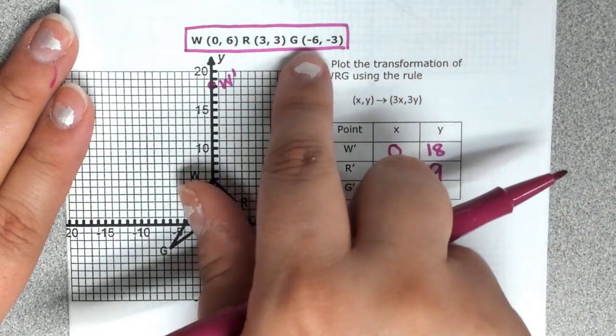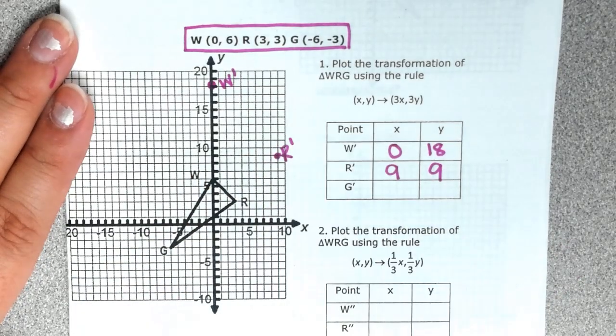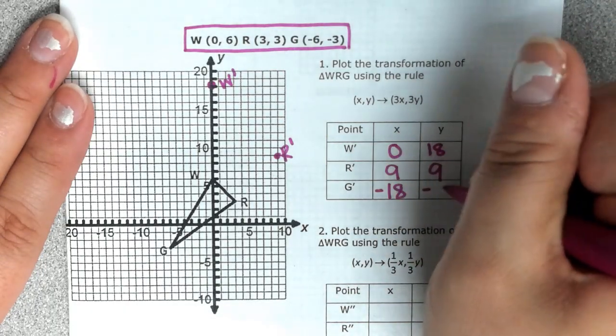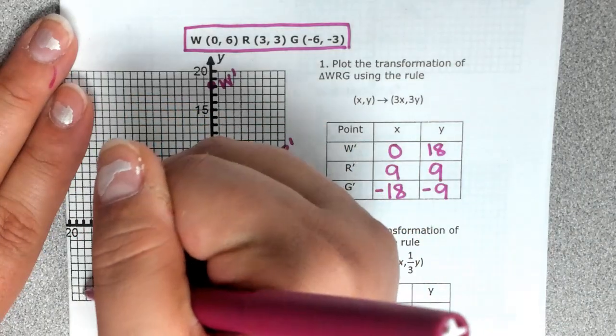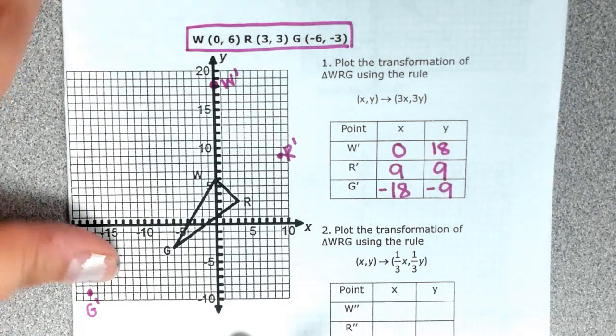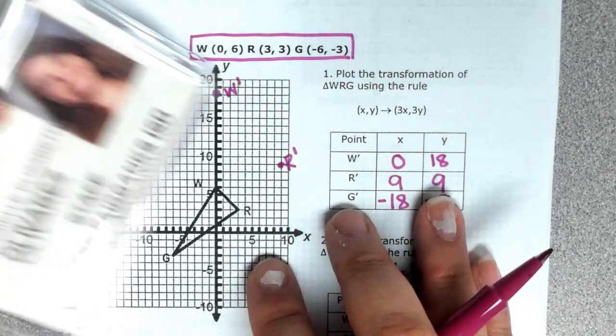G is negative 6, negative 3. If I apply this rule, what am I going to get? Negative 18, negative 9. So I'm going to plot negative 18, negative 9. And then I want you to use your straightedge and connect these points.